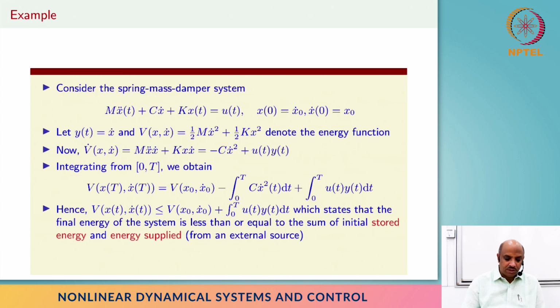You have some energy supply from outside. And in the case where C happens to be 0, so there is no damping or dissipation, this becomes an equality, and such systems we call lossless systems, right? I mean, there's no loss at all in terms of energy. So we take this as Q.